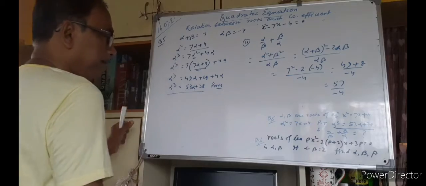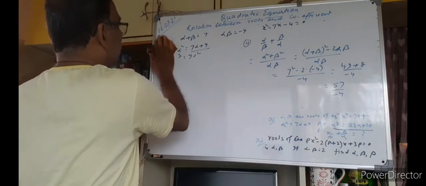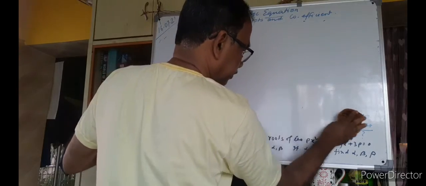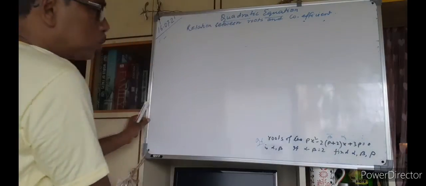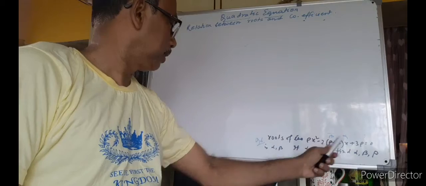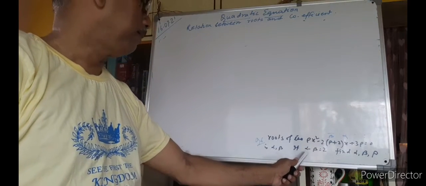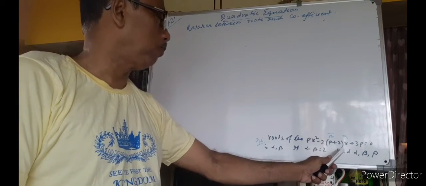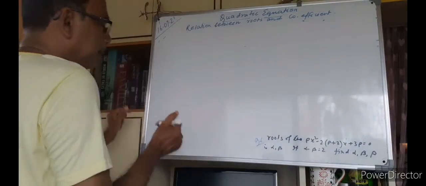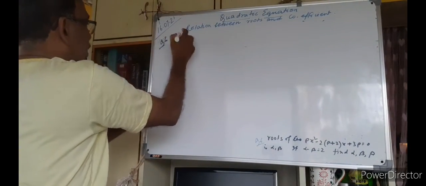Next, sum number 6, the last question. Roots of the equation are alpha and beta. If alpha minus beta is 2, find the value of alpha, beta and p. Here, question number 6.